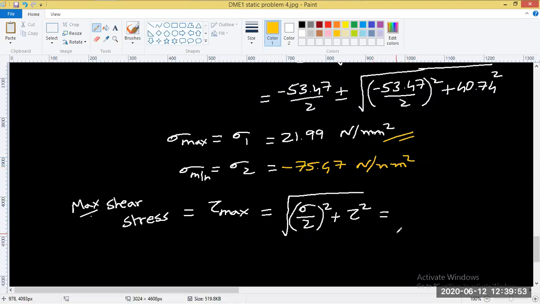Okay, so shear stress is half of that, so it is 48.73 Newton per mm square.